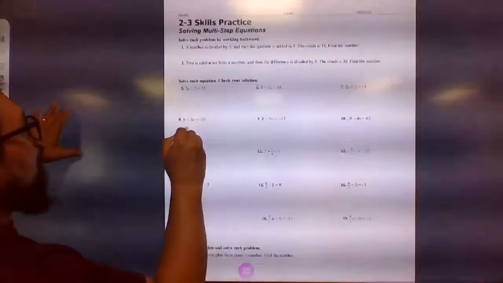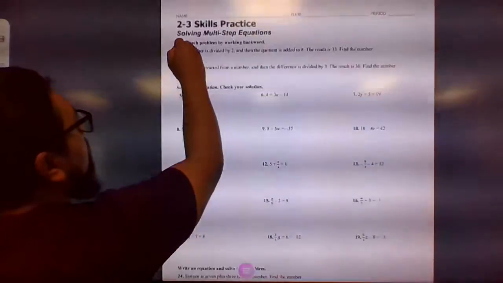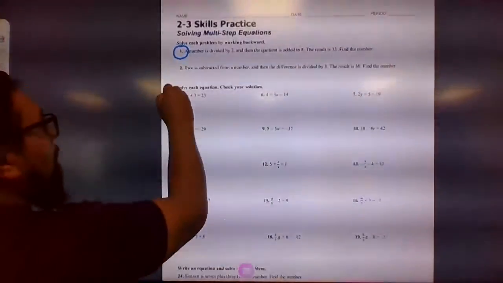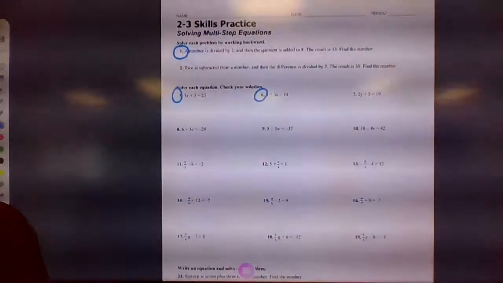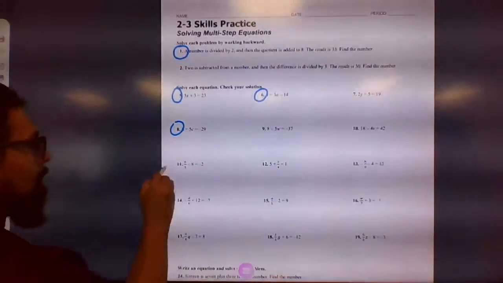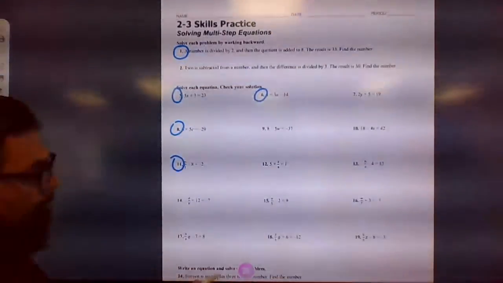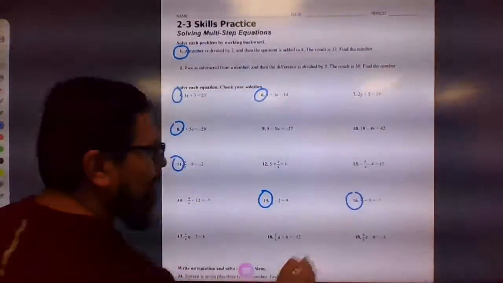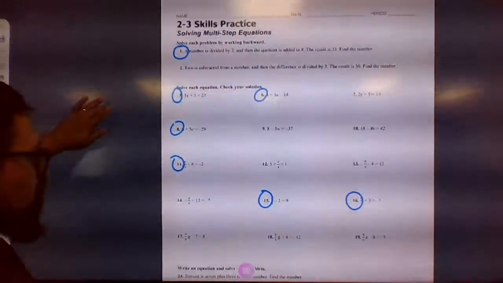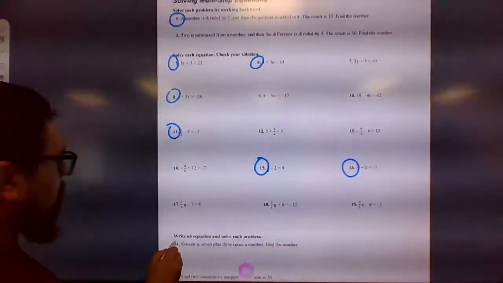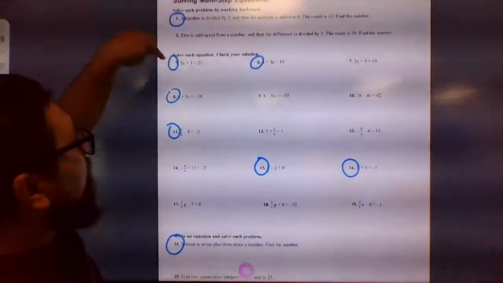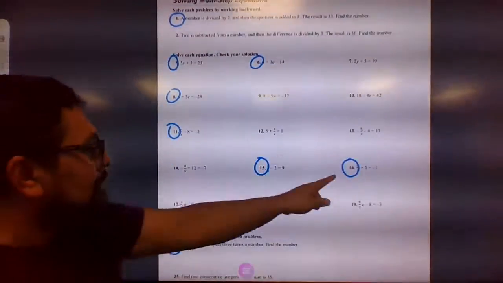Number 1, 5, 6, 8, 11, 15, and 16. And that last one on the bottom, number 24. So go ahead and do these that I just highlighted. Number 1, 5, 6, 8, 11, 15, 16, and 24.